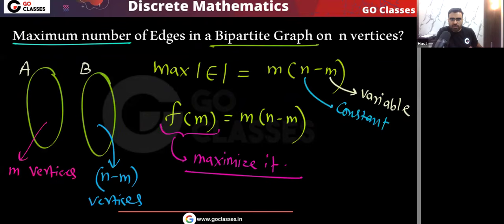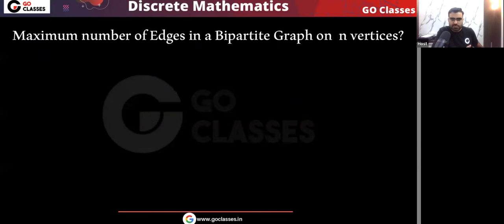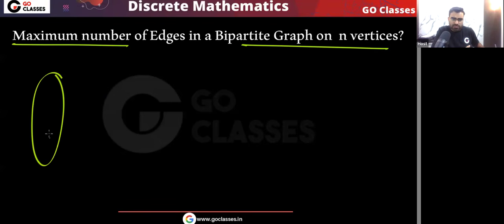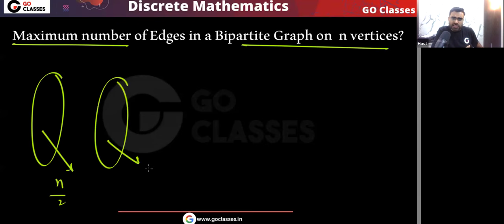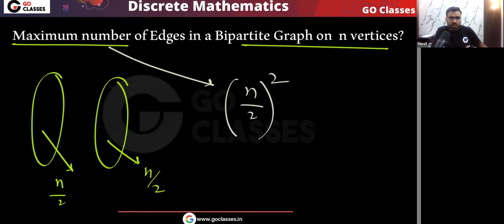So let me tell you the answer. What will be the maximum number of edges in the bipartite graph on n vertices? Remember, that will happen when you put n by 2 vertices here and n by 2 vertices here, half the vertices here, half the vertices here. Then you will get the maximum number of edges, and that will be n by 2 whole square.